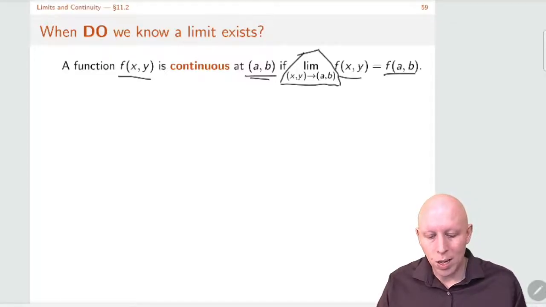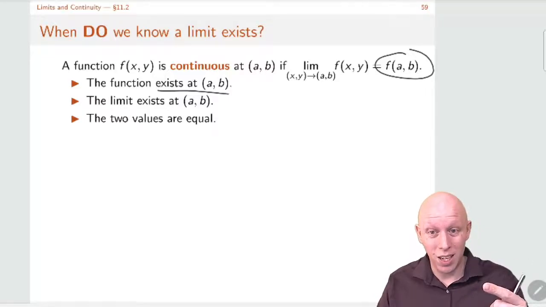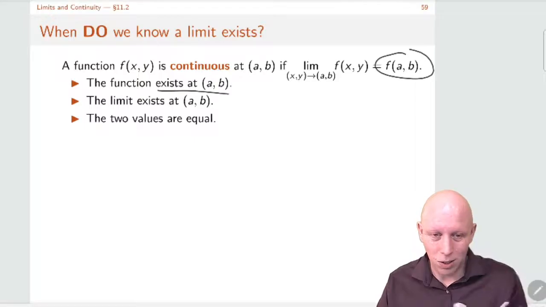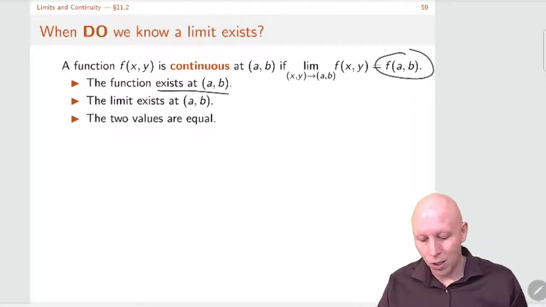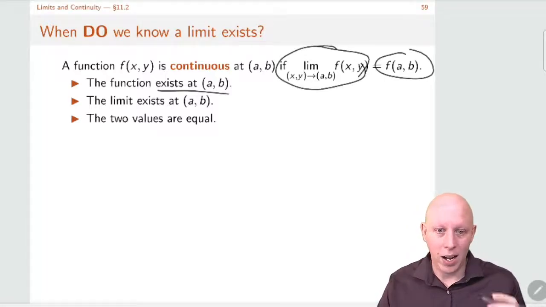All right, so remember that means three things. That means the function exists at (a,b). In order for us to be able to plug in (a,b), we had to be able to put those in and the function has to exist there. So (a,b) is in the domain. Second thing, this limit exists at (a,b).